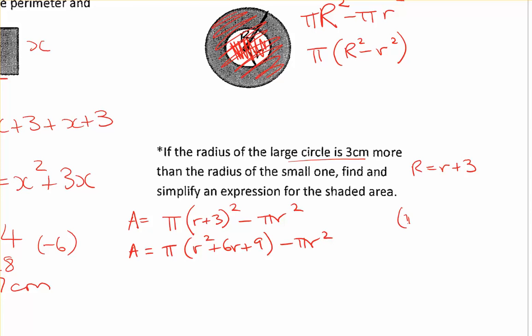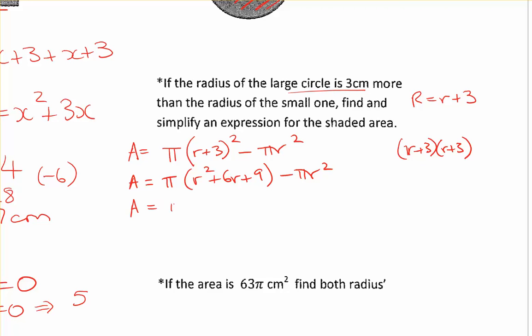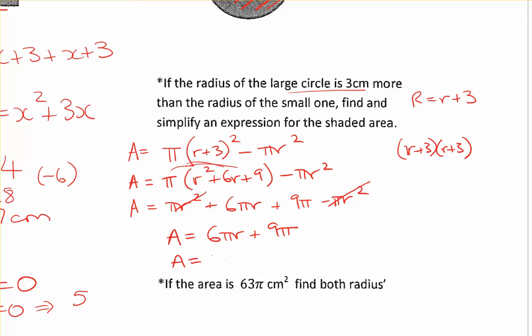And if that's a bit quick, you can always expand r plus 3 yourself in the corner. So that's expanding by pi. I can see that those two terms are going to cancel. We get 6 pi r plus 9 pi. And once again, we could show off some factorising if we want to, pulling out the 3 and the pi, leaving me with 2r plus 3.